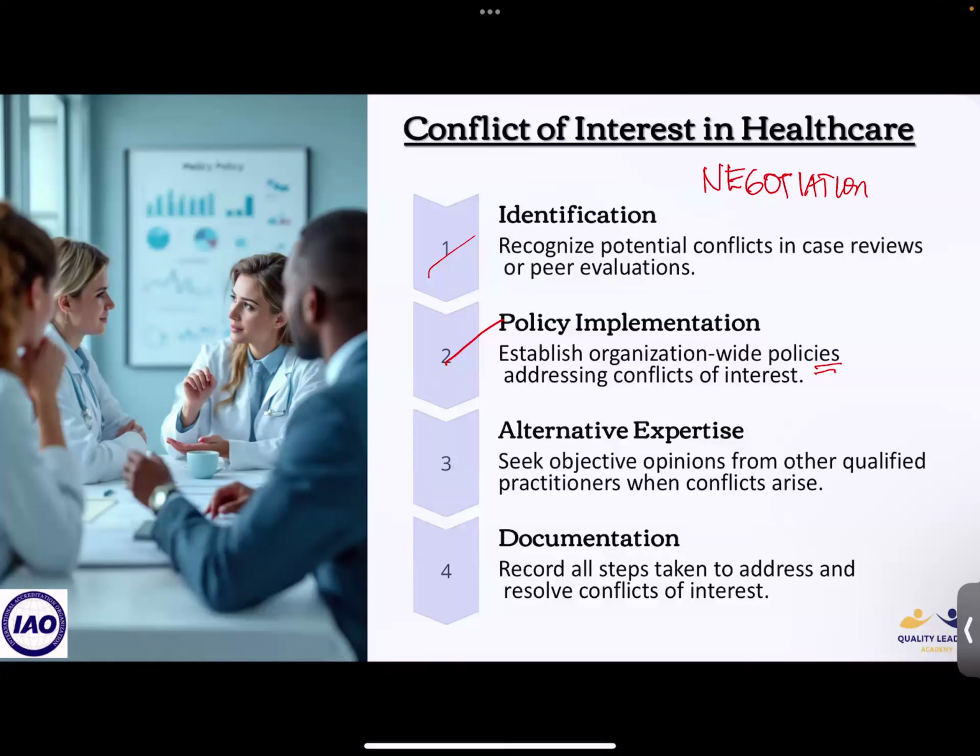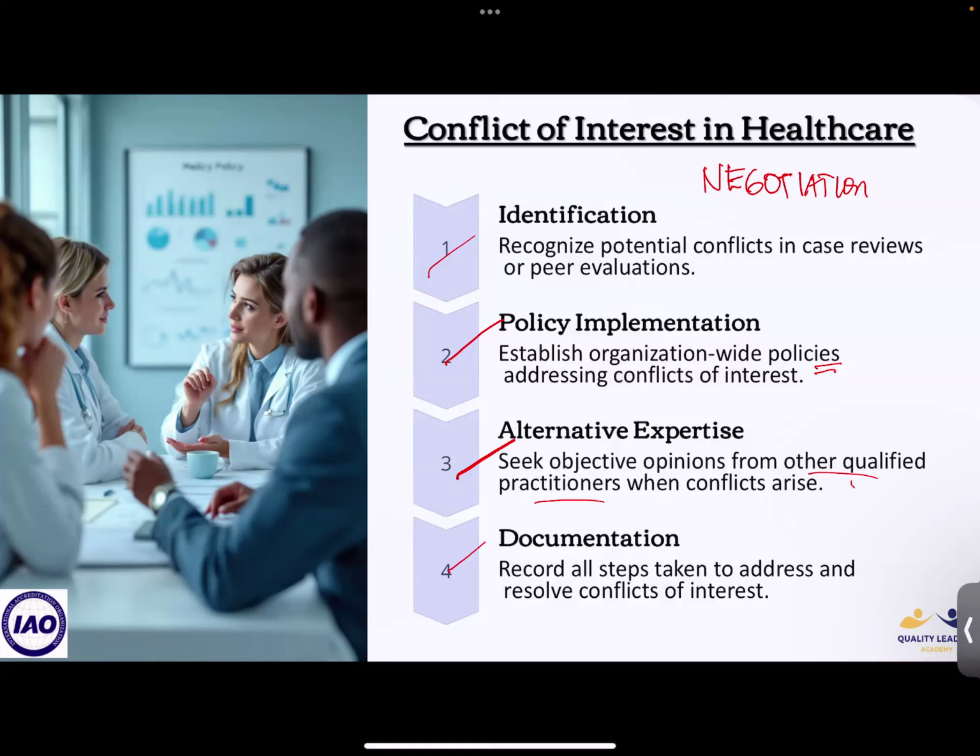Then there's alternative expertise. Sometimes a conflict cannot be avoided. And that's okay as long as we bring in an outside perspective, meaning other qualified practitioners, when conflicts arise. Getting input from other qualified practitioners ensures that decisions are fair and unbiased.